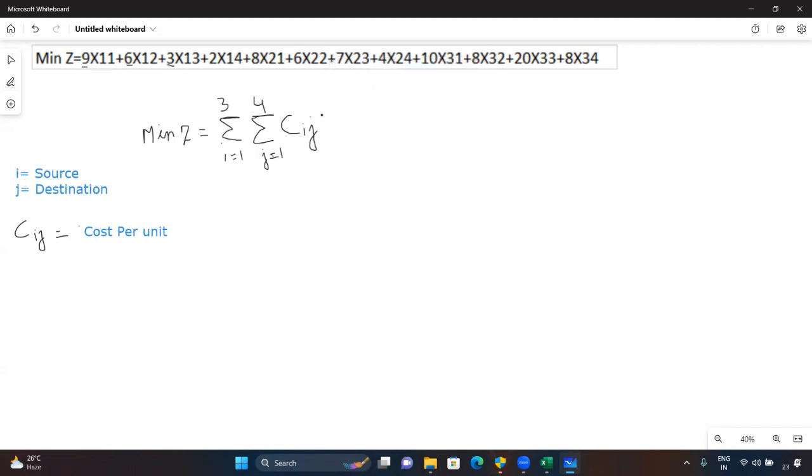Okay, and then again xij. What is xij? i is the source and j is the destination. Okay. Now see, we have formulated the mathematical model for the objective function in a more compact way.